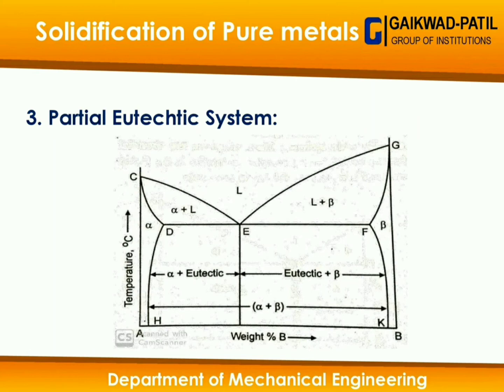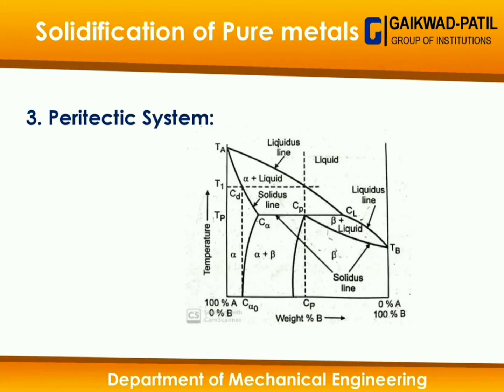Now the peritectic system. The peritectic system we call a very initial or primitive system, or old system. Basically it occurs when solidification gets started. Here we intentionally select two metals with a wide melting temperature difference, like metal A having a very high temperature and metal B having a very low melting temperature.